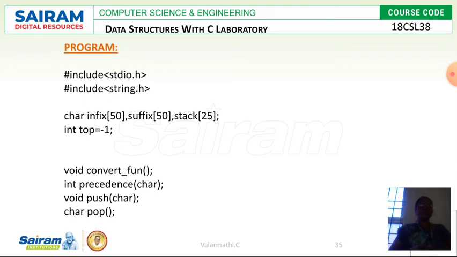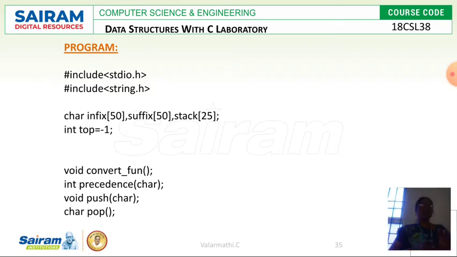So let us go and implement this concept. Here, what is the first step? Inclusion of header files. Here, stdio.h and string.h are the two header files to be included for this case, because this is related to arithmetic expressions. The expressions should be scanned like strings.